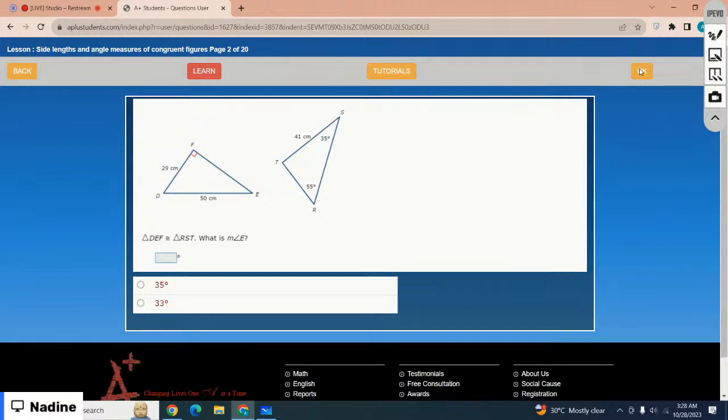DEF and RST. Angle E is congruent to angle S, right? So that would be 35 degrees, because S is 35, so E is also 35 degrees.